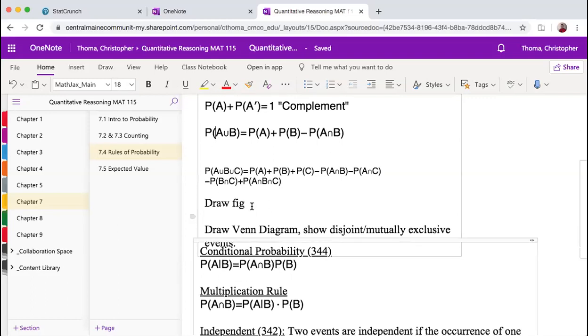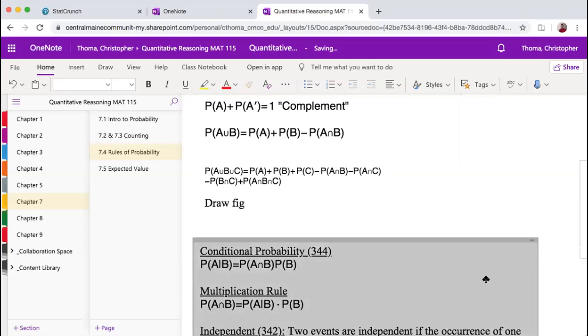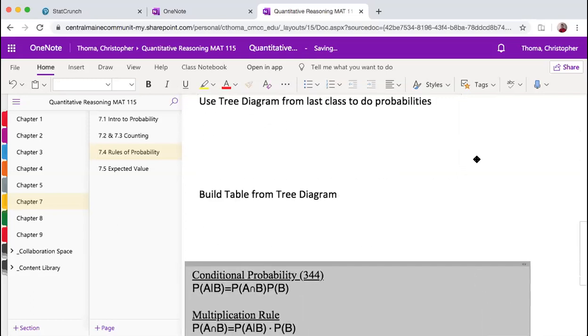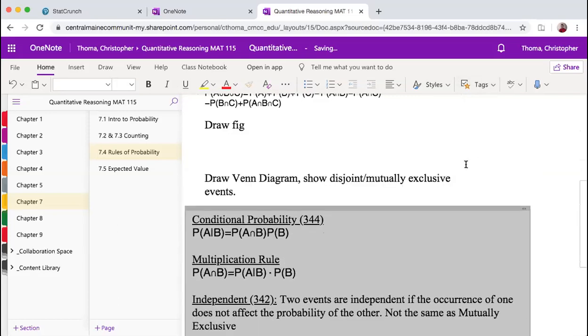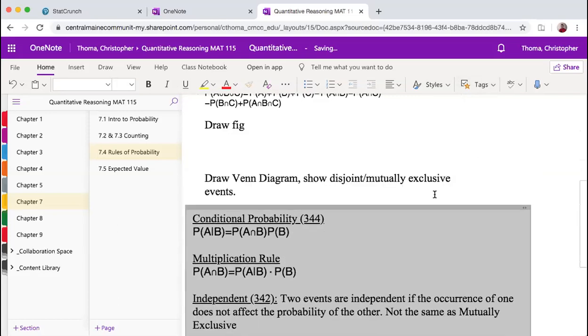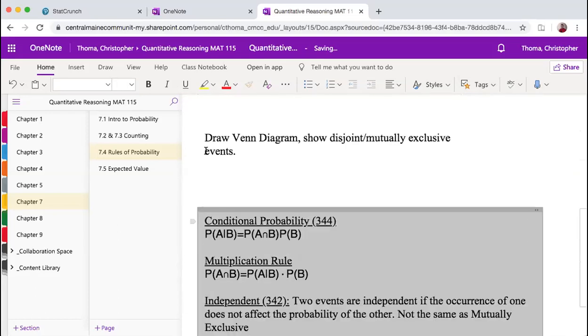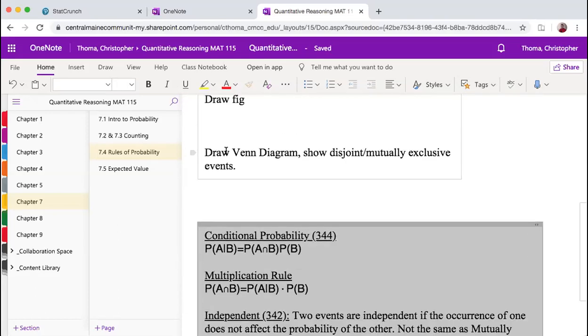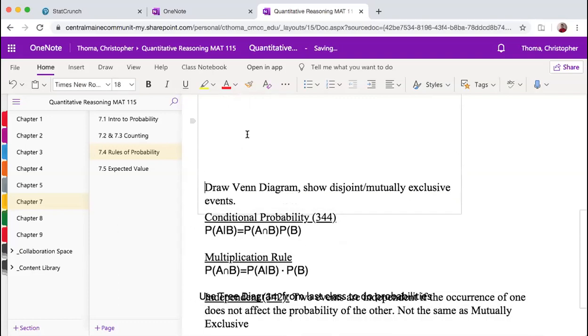So to draw a figure, it's overwriting my other box. Let me move that down. Not enough room for all the boxes here. That's why you should always put everything into one box, I guess. All right.